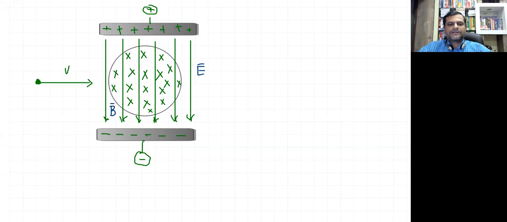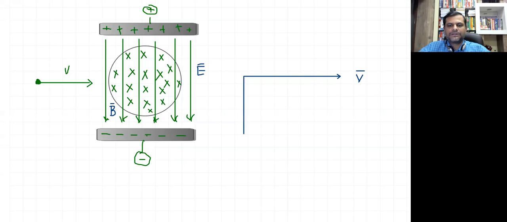Now, whenever this particle enters this crossed electric and magnetic field, look carefully, all three are perpendicular to each other. See how: the velocity of the particle is in the horizontal direction. This is the direction of velocity of the particle, which we call v bar, directed horizontally. The magnetic field is directed inwards, and the electric field is directed downwards.